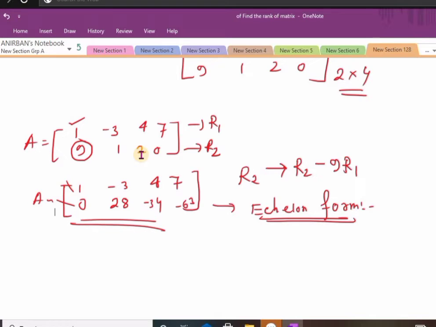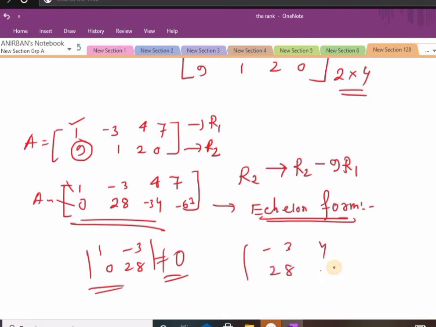If you take the determinant of 1 minus 3, 0 28, it is not equal to 0. If you choose minus 3 comma 4, 28 comma minus 34, this determinant is also not equal to 0. So no minors of order 2 have 0 determinant, and you can safely say that this matrix has rank 2.